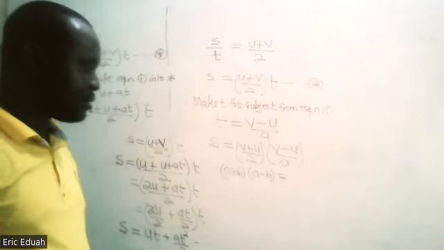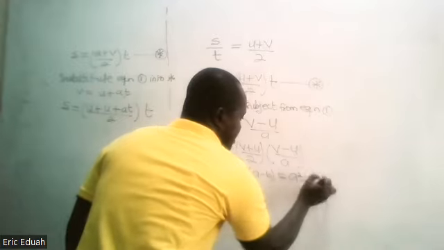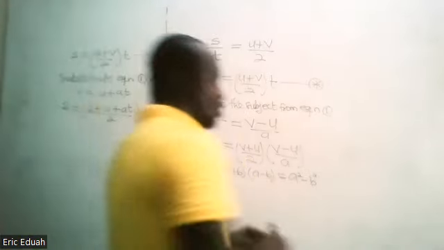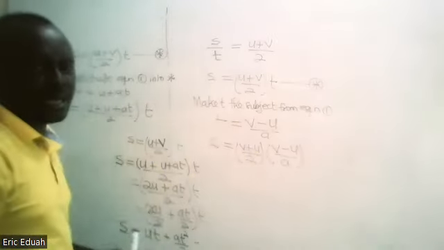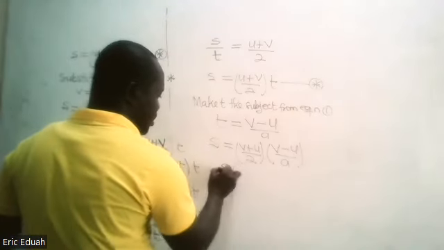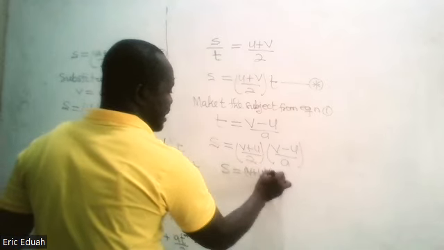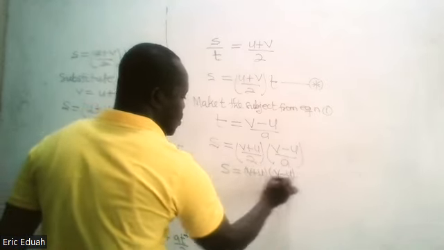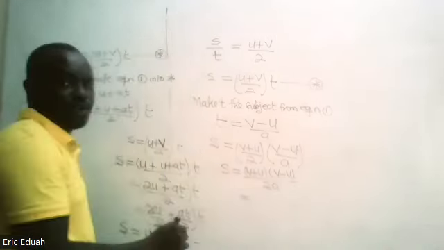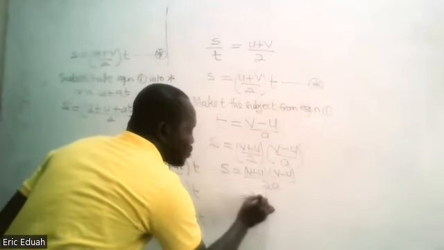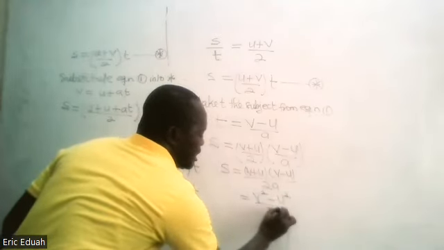A squared minus B squared, and the name given to this is difference of two squares. So we can apply difference of two squares to the numerator. We have V plus U times V minus U, all divided by 2 times A. So the numerator can be simplified as V squared minus U squared, all on 2A.